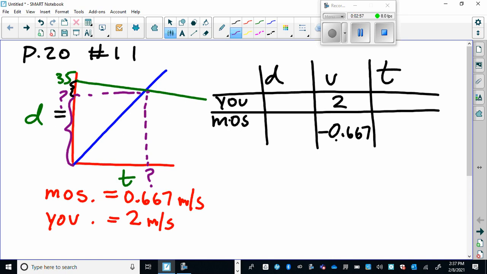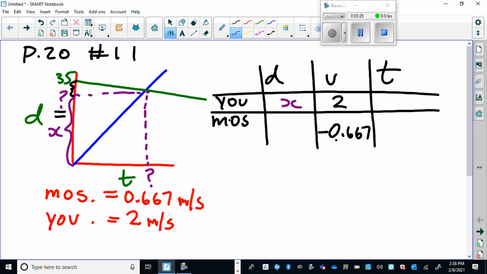So what shall we call what? Let's call you X. You could call the mosquito X if you want, or you could call the whole thing from 0 to 35, but you won't want to do it that way because that would be a little trickier. But let's call you X. So you are going to travel a distance or displacement of X. What's an expression for the mosquito?